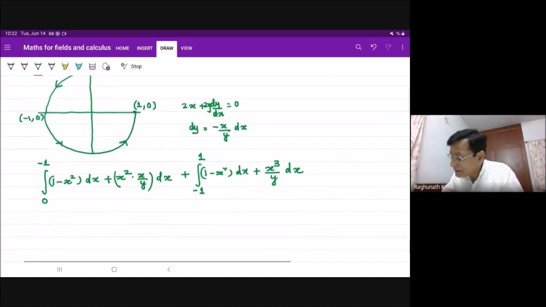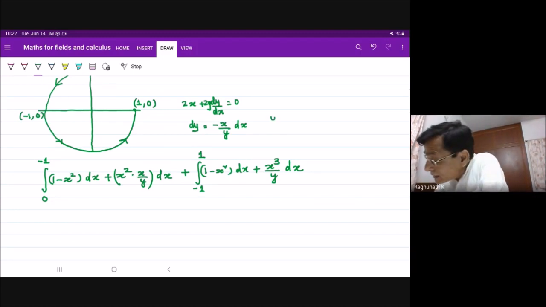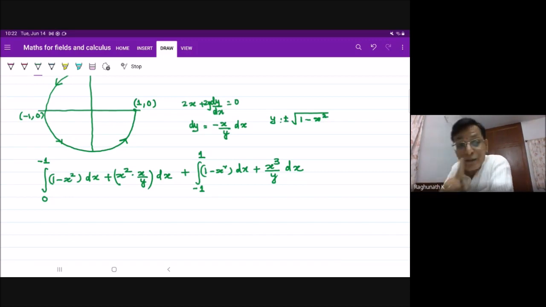Please see this. In the range from 0 to minus 1, I know that y is equal to root of 1 minus x squared. When it is a root, it is plus or minus. We know that. In all the previous cases, we were in the first quadrant only.